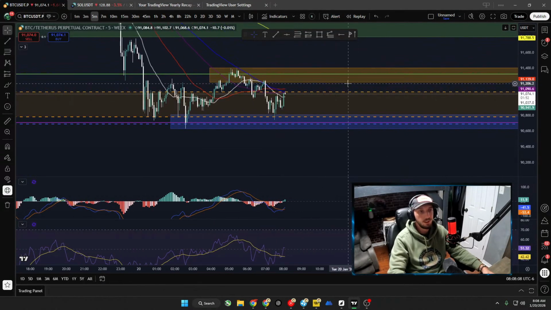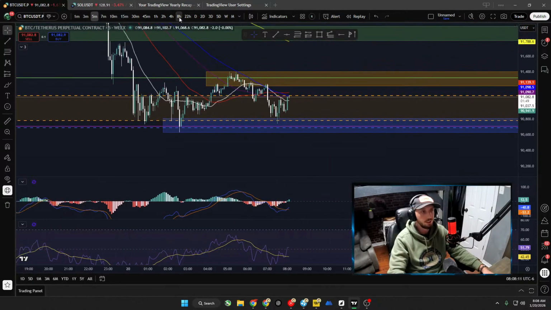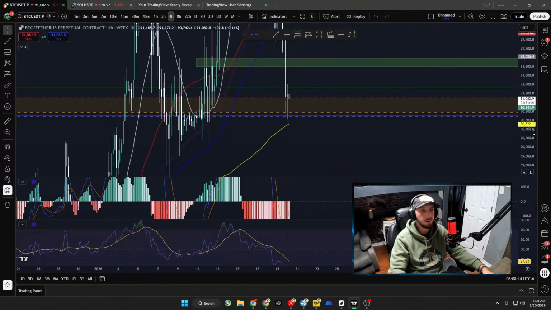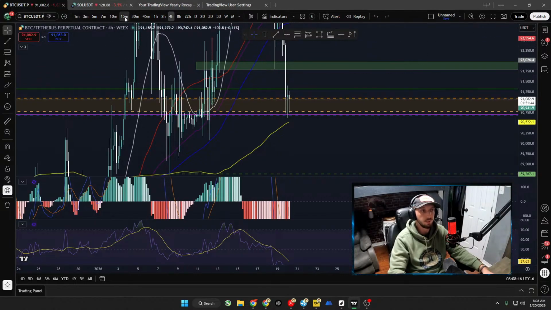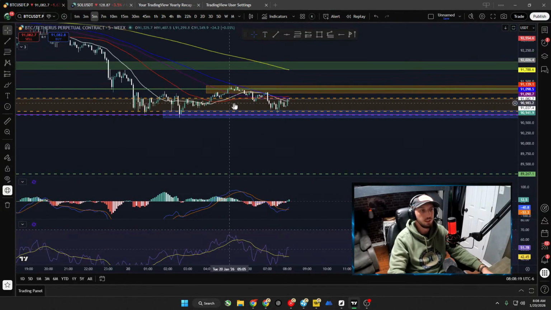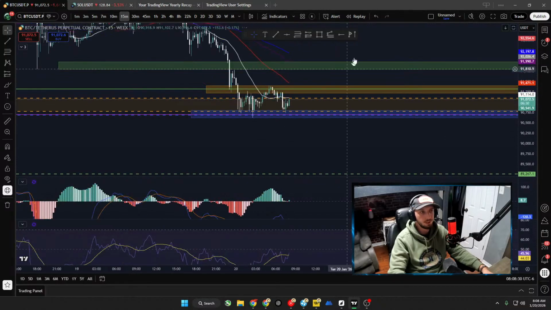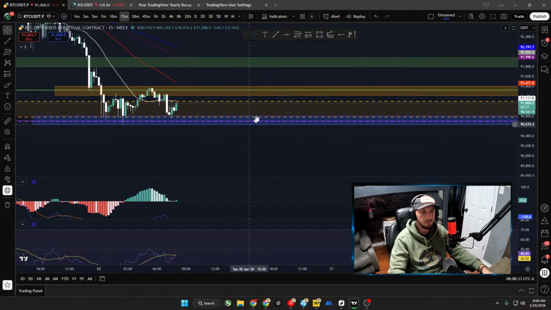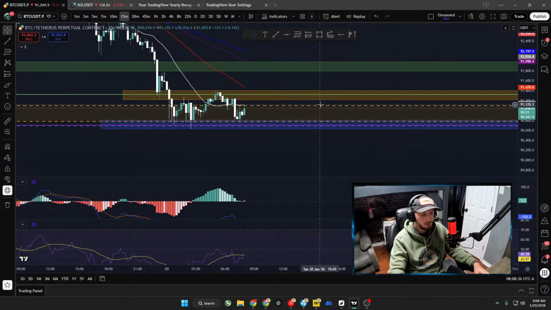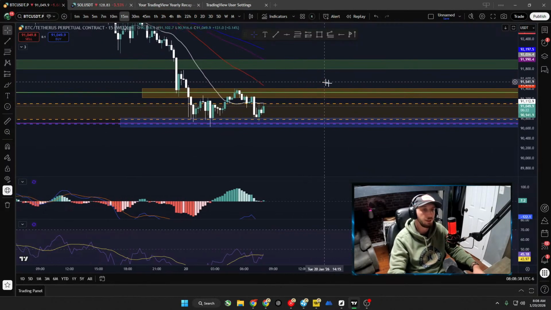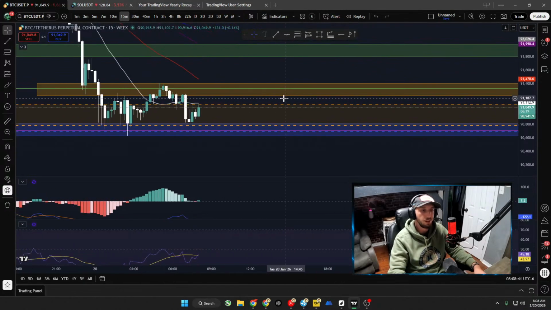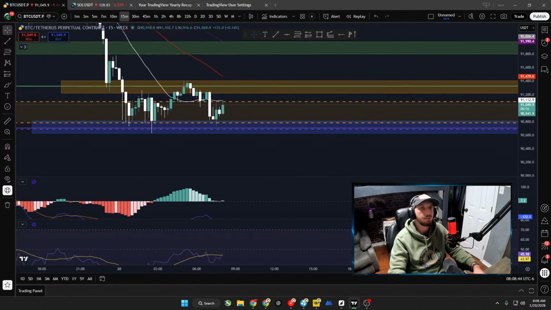You can do TA on it, going through the 4 hour, 1 hour, 15, 5, looking at higher lows, lower lows, MACD, RSI, but the best way we found to get a scope on it is to ask our AI. It does all that too, and helps you refine your thoughts.